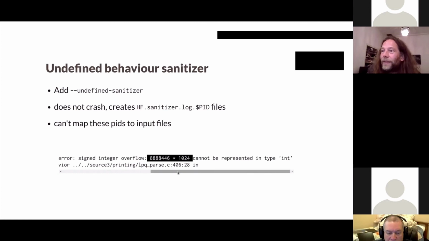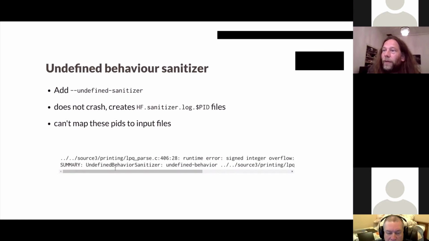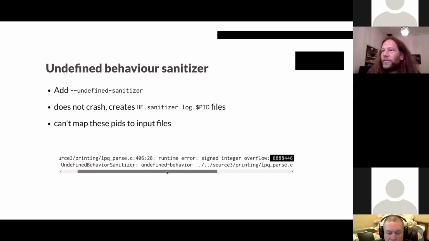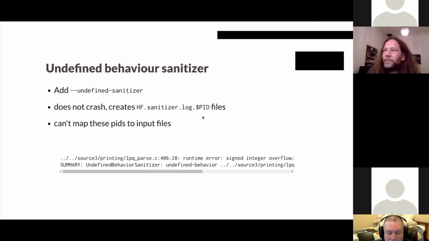And in fact, this is from a crash in that fuzzer we were talking about that happened after the other one, which I didn't have time to add. You don't know which input file caused this, but you know the line.